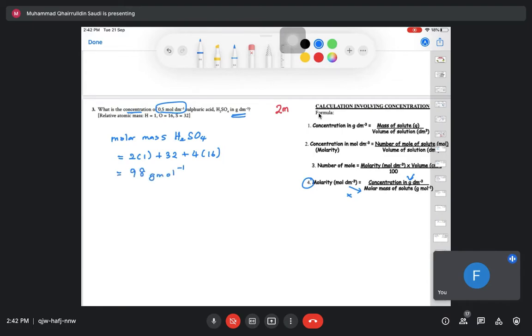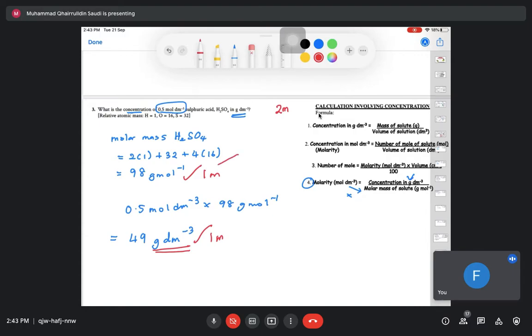So according to the formula, in order to find the concentration in gram per dm cube, you should do molarity 0.5 mole per dm cube times with the molar mass 98 gram per mole, and you will get 49 gram per dm cube. So this one is 1 mark and this one is another 1 mark. Must have unit, the correct unit.